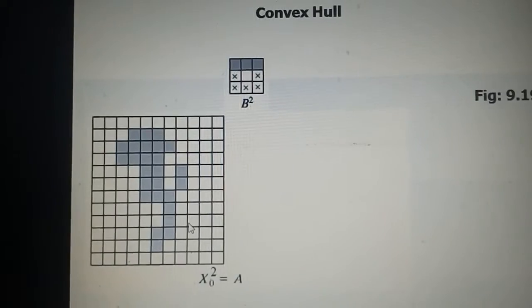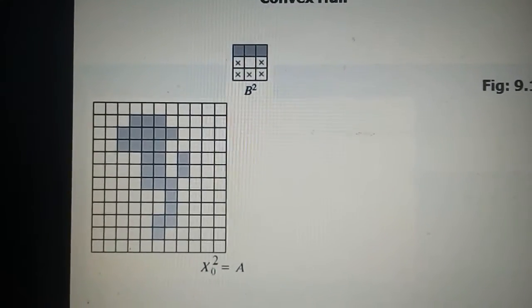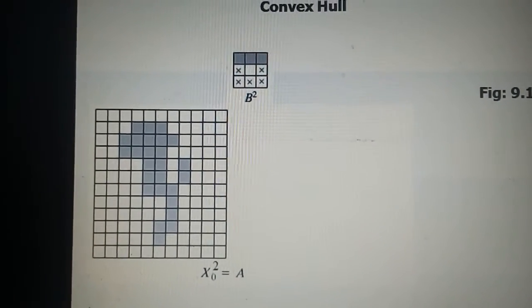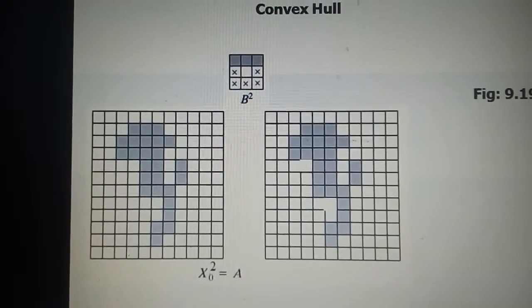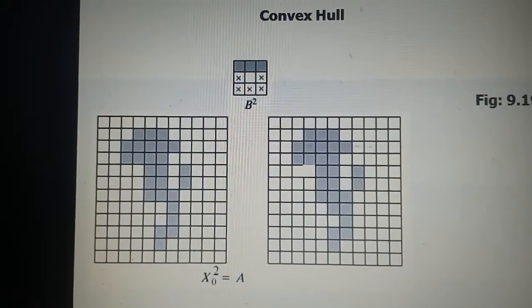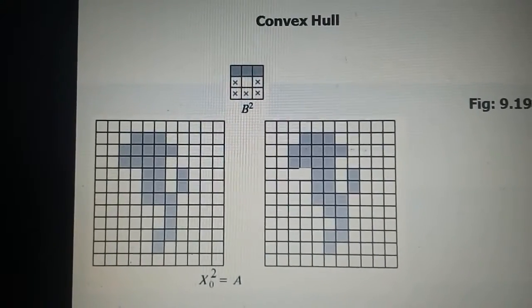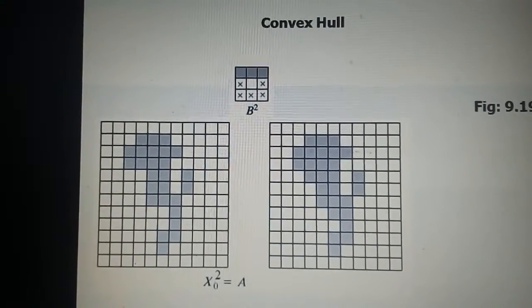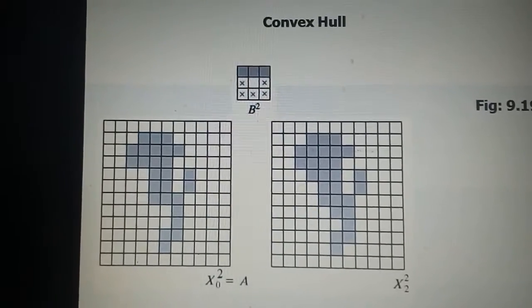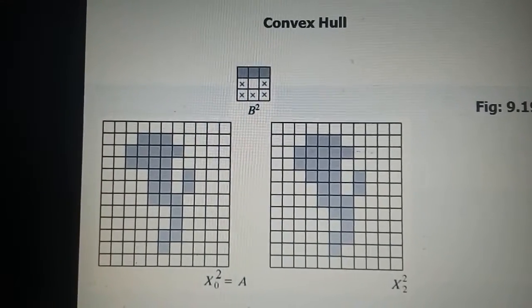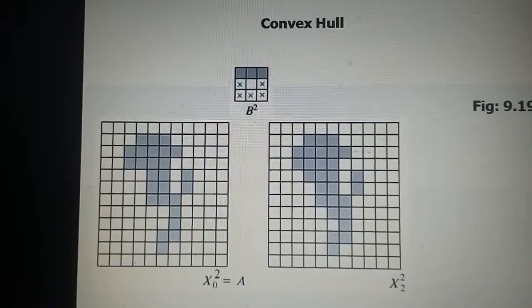For this, let us see how many iterations it takes to find how many matches. So here we find only one match at the end of the first iteration, and in the second, these two matches.